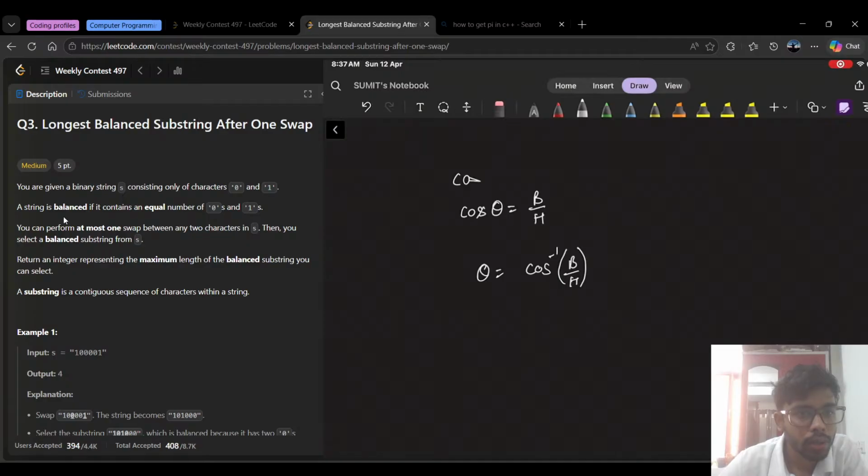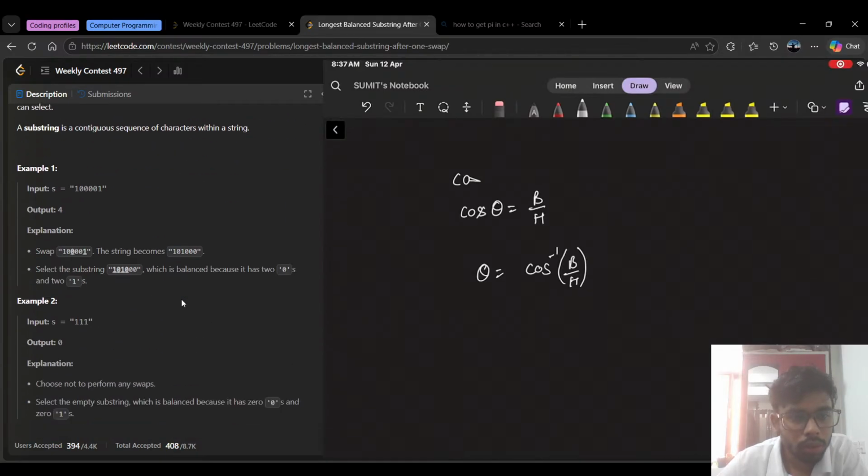A string is balanced if it contains an equal number of zeros and ones, and you can perform at most one swap between any two characters in S. Then you select a balanced substring from S. Return an integer representing the maximum length of the balanced substring.